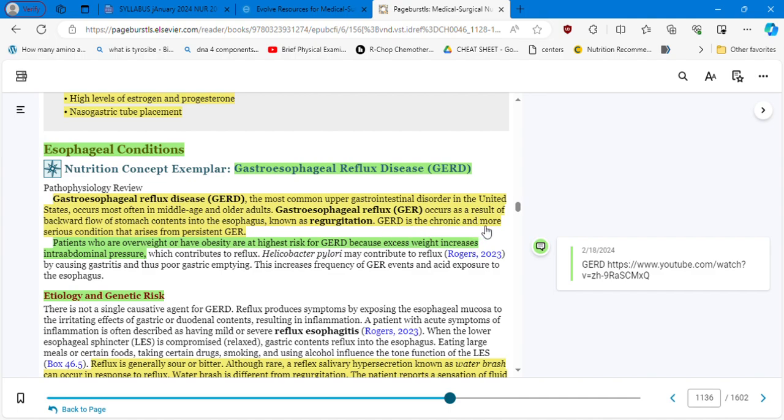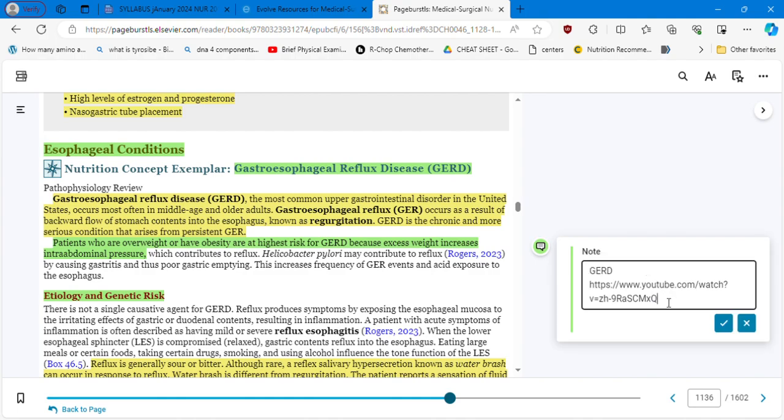GERD is the chronic and more serious condition that arises from persistent gastroesophageal reflux, okay? Patients who are overweight or have obesity are at risk for GERD because excessive weight increases intra-abdominal pressure. We are going to watch a video about this because I want you to visualize exactly how the condition is developed.